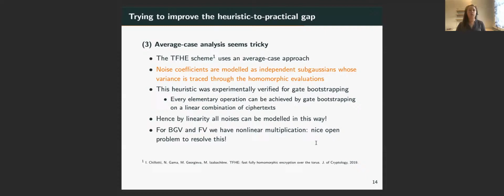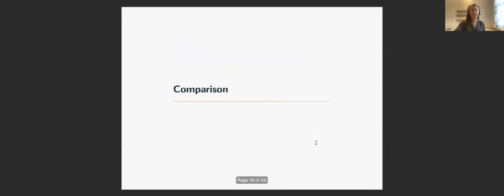And so this approach doesn't seem feasible, at least not in the way that is done in TFHE. And so again, it's a nice open problem to resolve this, and these are the reasons why we conjecture that the heuristic worst case approach is not going to close this gap.